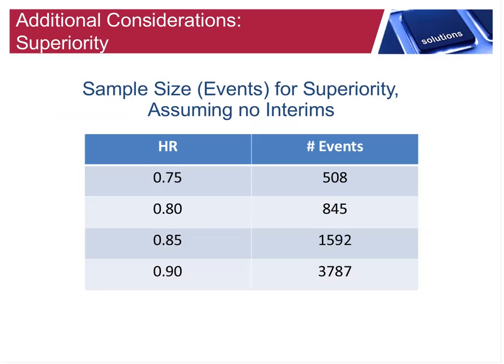So let's do a quick calculation. Let's assume again that the MACE rate is 2%. So 1,600 events, that is about 80,000 patient years, which is about 8,000 patients for 10 years or so.